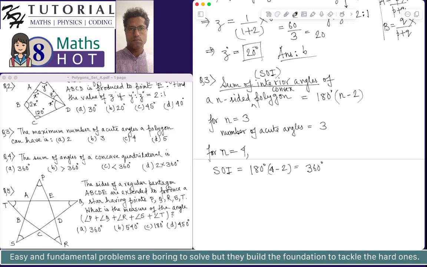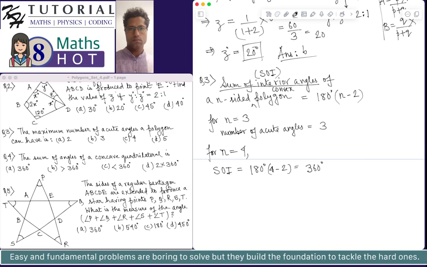So for a polygon of four sides, the sum of the interior angles will always be 360 degrees. Since it has four sides, we will have four interior angles. So what will be the maximum number of interior angles which are acute?